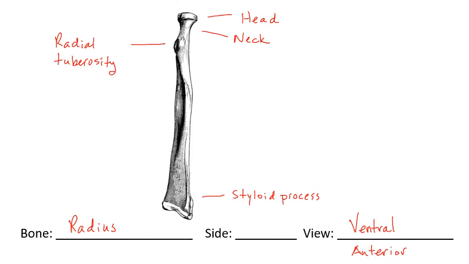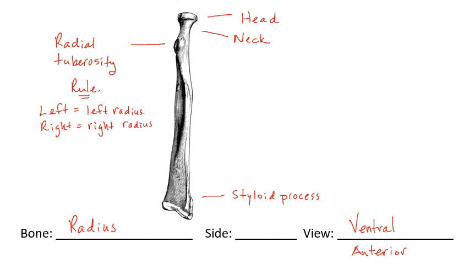Now, as for the side of this bone, remember the rule. The rule of the tuberosity. So if the tuberosity is found on the left, that means it's a left radius. If it's found on the right, it equals a right radius.